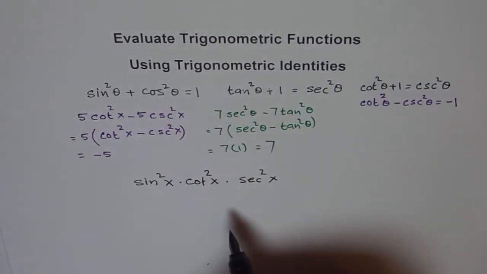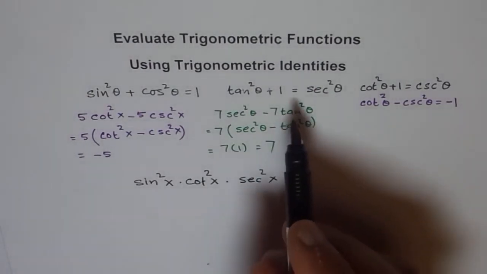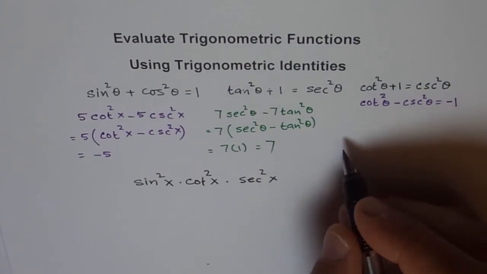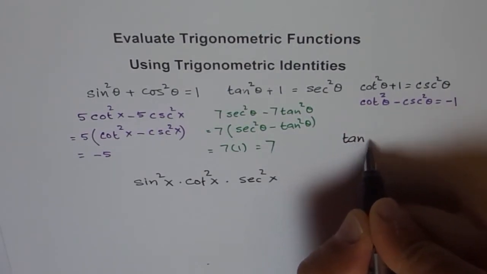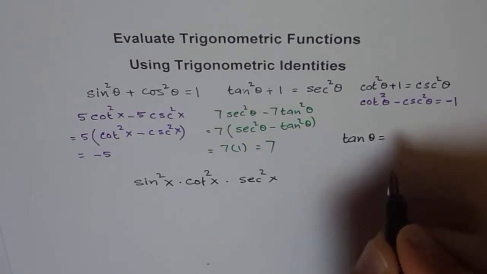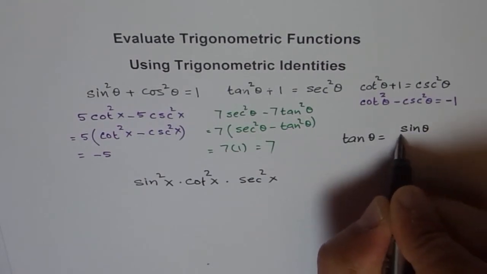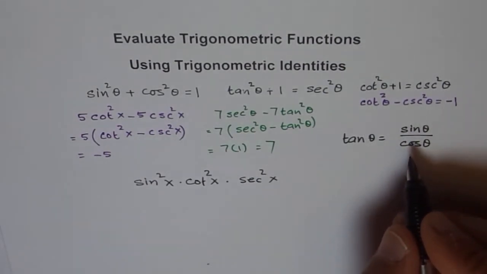In this case we will not use the identities which I mentioned here, but you know about reciprocal identities, and let me add those for you. Basically, tan theta is equal to sine theta over cos theta, correct? This is one of our basic identities.